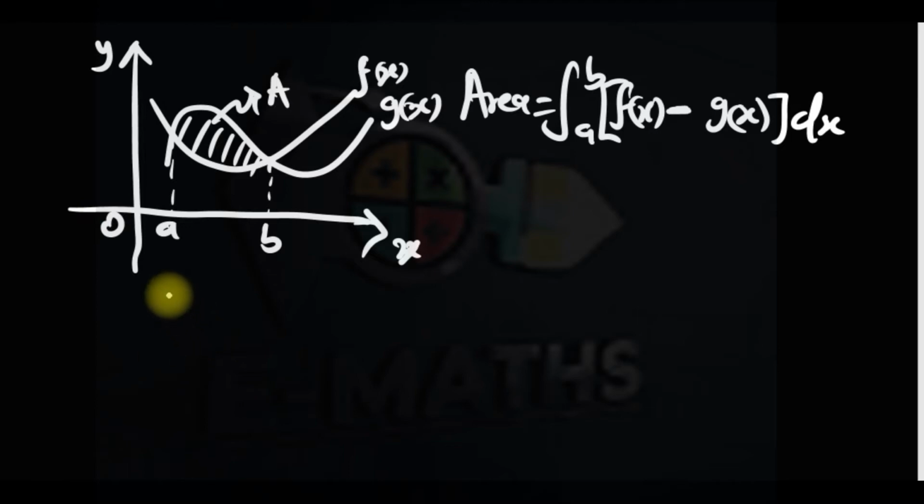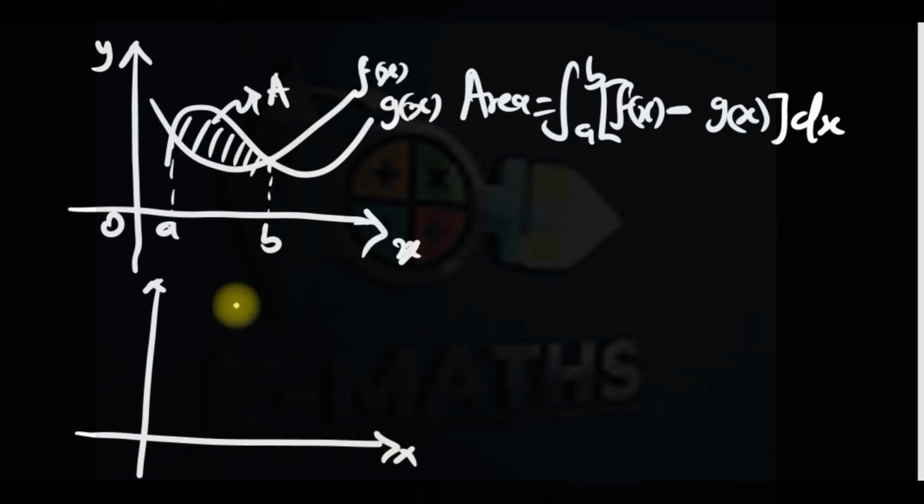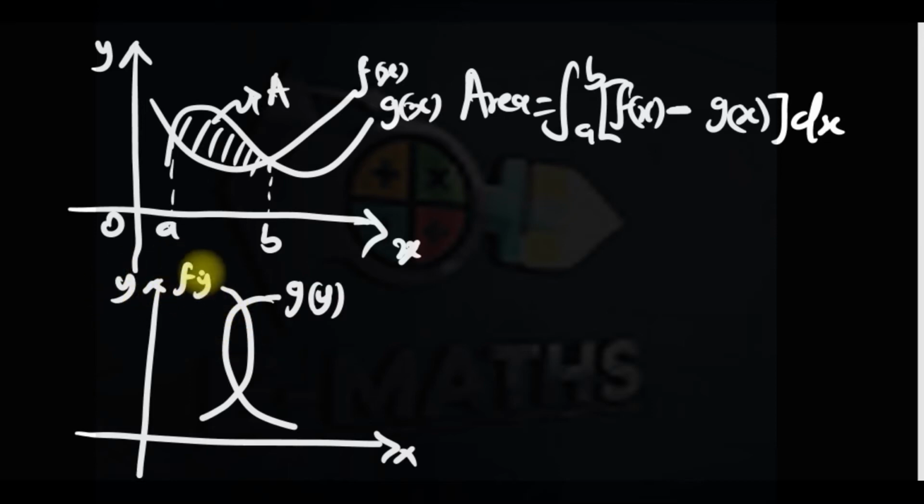But if it is with respect to the y-axis, maybe this is the first curve, g of y, because this is now in terms of y, and this is f of y.